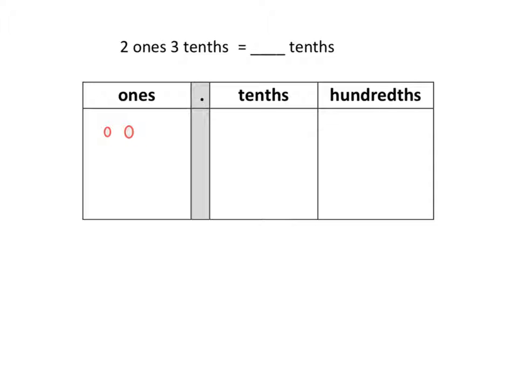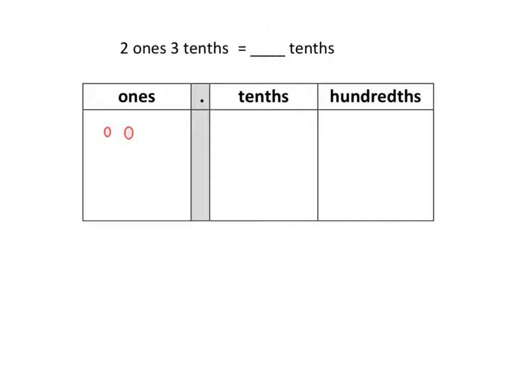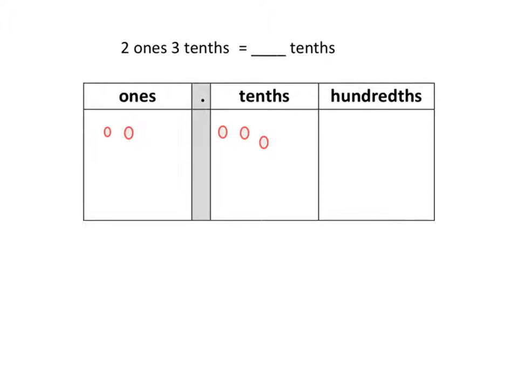Now we want to take those 2 ones and put them into the tenths. Before we do that, let's put the 3 in the 3 tenths. So now we have 2 in the ones and we have 3 in the tenths.